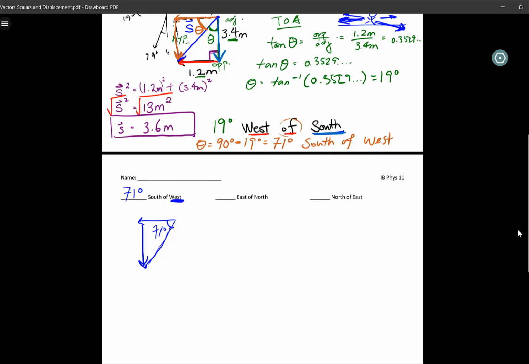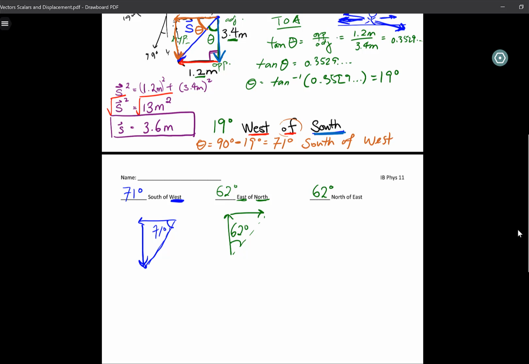Let's quickly look at a few other examples, like this one over here. Let's do, I don't know, 62 degrees east of north. Okay, so let's draw north first. So we draw north first, then we draw the east second. East is this direction, and then the triangle that we make right here is 62 degrees. Let's say instead of 62 degrees east of north, what if we have 62 degrees north of east?